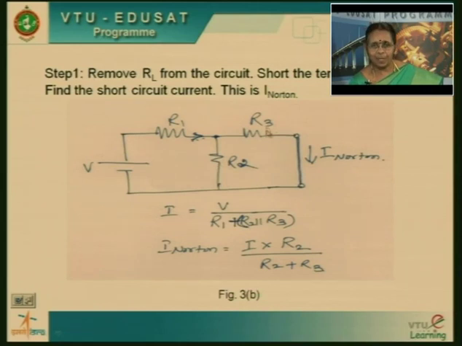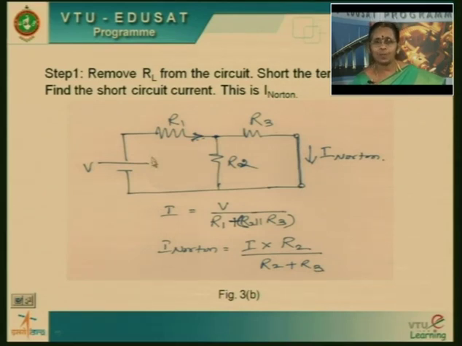Since the current divides between these two paths, R2 and R3 are in parallel, which is in turn in series with R1. So find the total current through the circuit by using the expression V divided by R1 plus the parallel combination of R2 and R3. That gives the total current which is flowing through R1. That is the total current, and from it we need to find the short circuit current here.